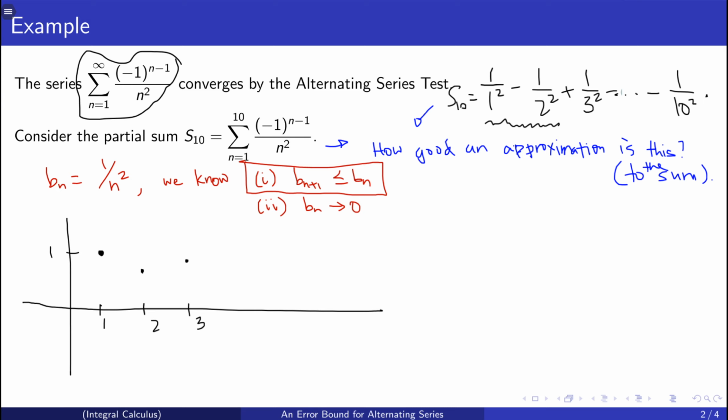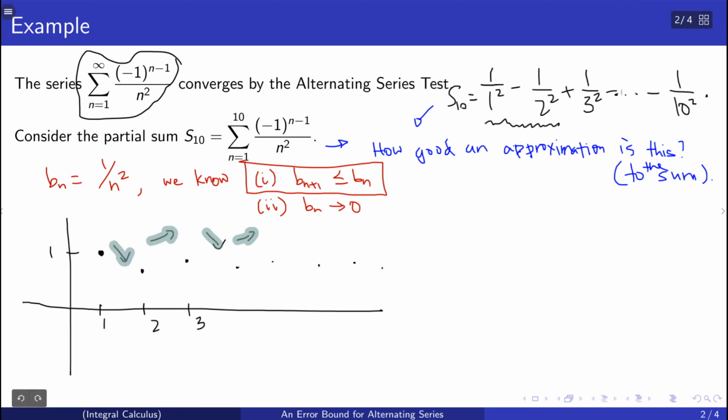If you graph the partial sums for this alternating series, they're going to go up and down and up and down, because with every term you're alternating, subtracting, adding, subtracting, adding.